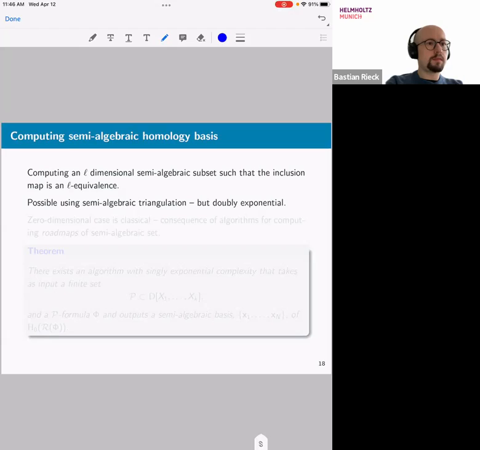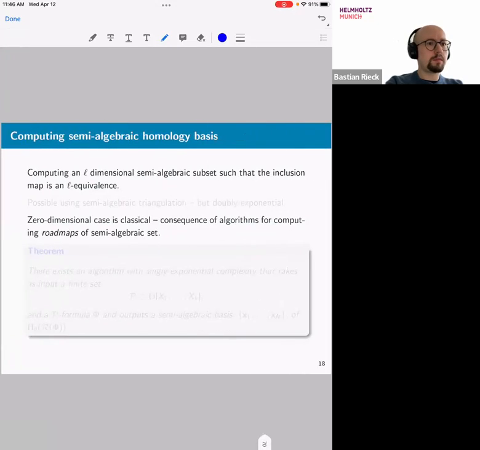Now, this problem for the zero-dimensional case, so that means computing a point, one point in each connected component of a given semi-algebraic set. So that problem is solved and is well known.